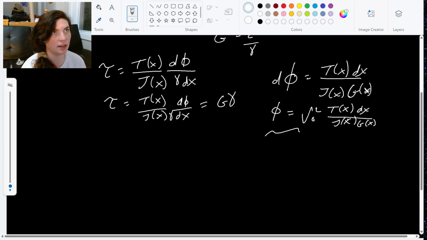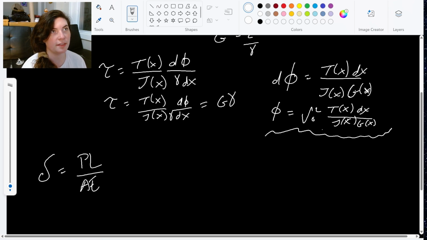And this guy might look kind of familiar, right? He's super similar to our axial load displacement equation. Our axial load displacement equation was delta is PL over AE, right? Our load times the length over area times modulus of elasticity.